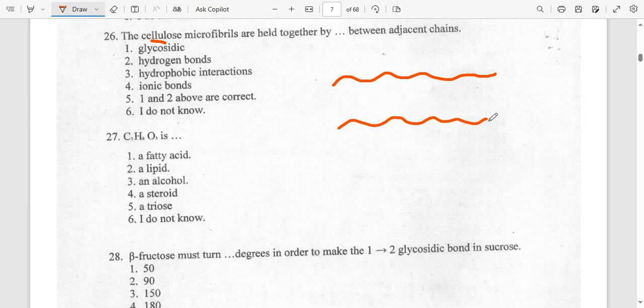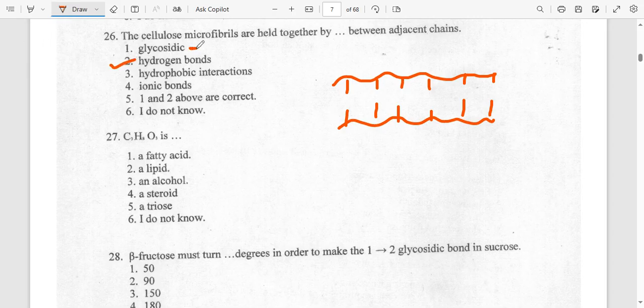Another molecule is like this. These are attracted by hydrogen bonds. Cellulose is found in the cell wall of plants. So it's hydrogen bonds, not hydrophobic, sorry, I had taken another one. So where is hydrogen? Option 2.